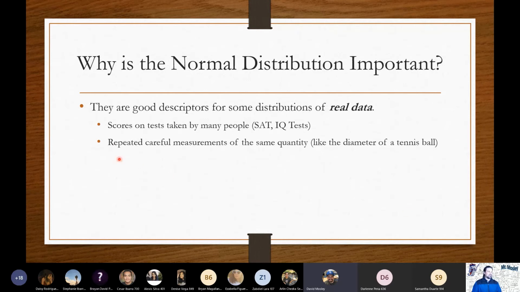We can see normal distributions in repeated careful measurements of the same quantity, like the diameter of a tennis ball. You want the diameter of a tennis ball to be basically the same from one tennis ball to the next. There can be a small amount of variation, and the variance from the average diameter creates a normal distribution.